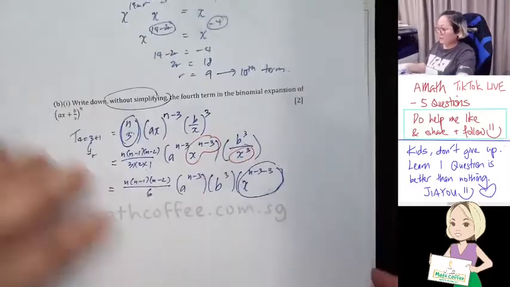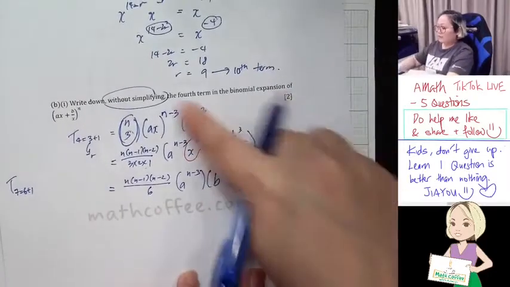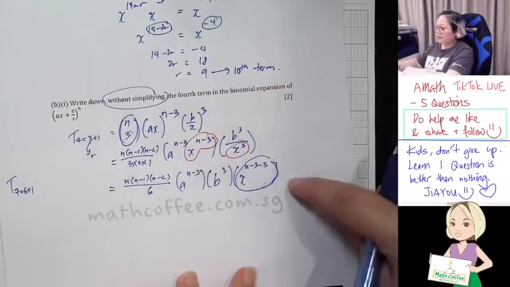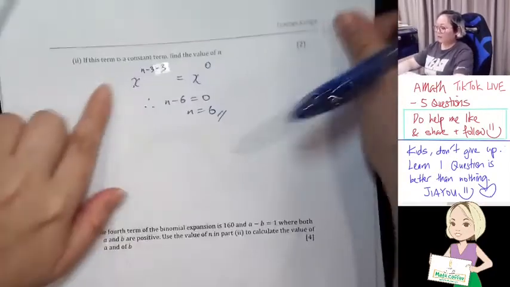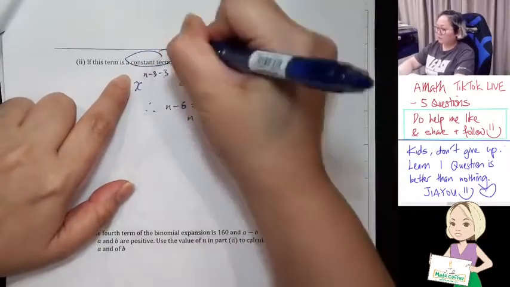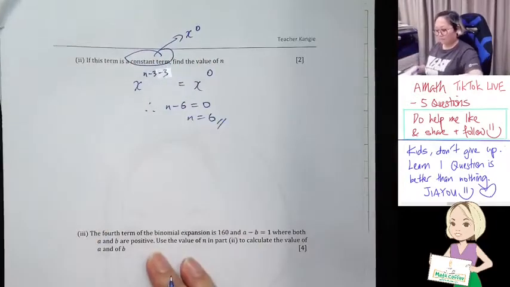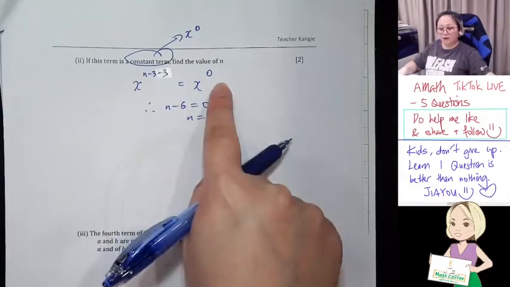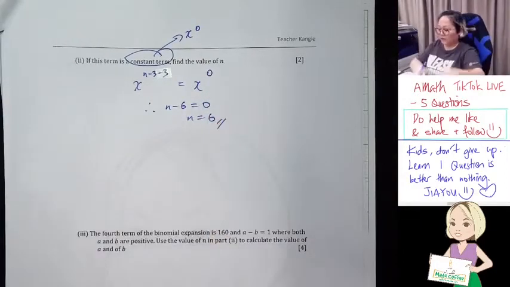Then because here is 2 marks and they ask us not to simplify, actually if you write until here, it's good enough. Don't have to write anything more. Then after that, they say the term is a constant term. So constant term means it's x to the power of 0. So that's why I let the x become x to the power of 0, and I have n equals to 6.